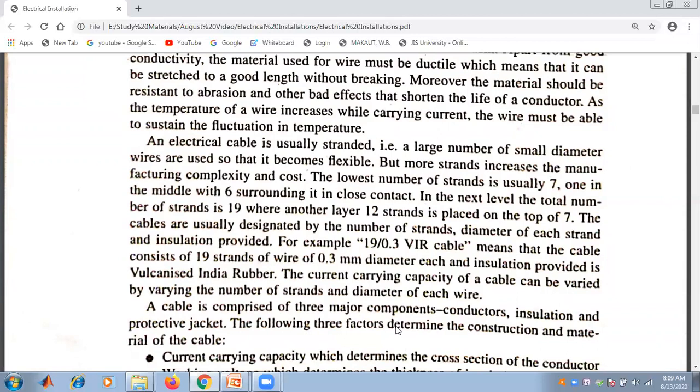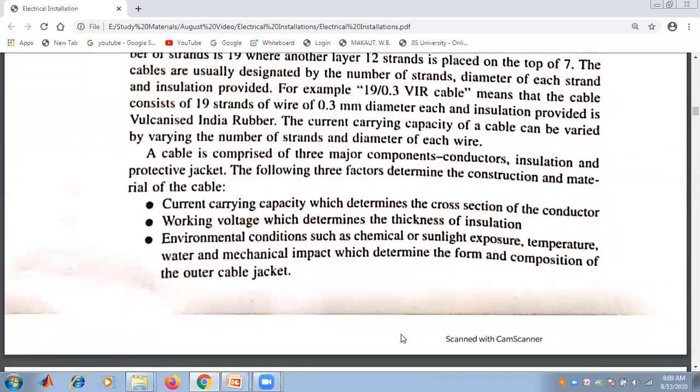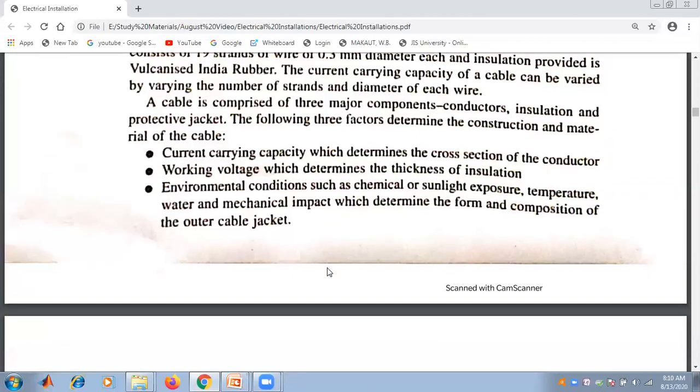The following three factors determine the construction and material of the cable: current carrying capacity, which determines the cross section of the conductor; working voltage, which determines the thickness of insulation; and environmental conditions such as chemical or sunlight exposure, temperature, water and mechanical impact, which determine the form and composition of the outer cable jacket.